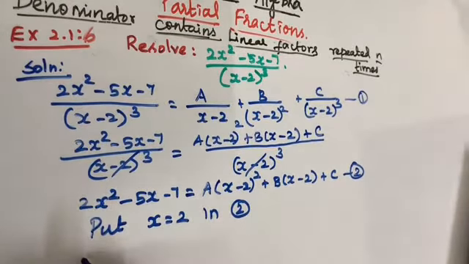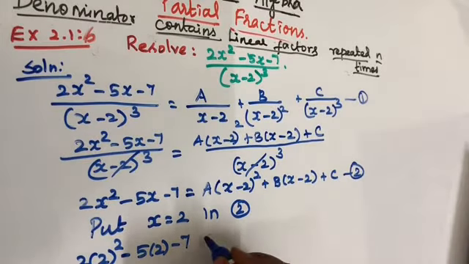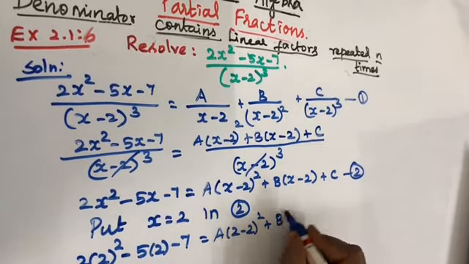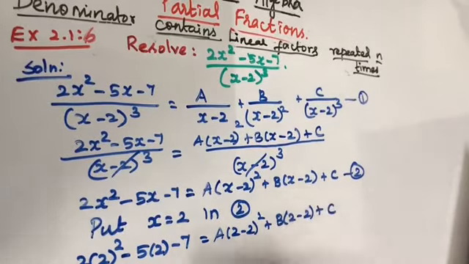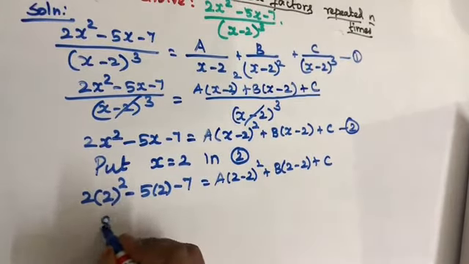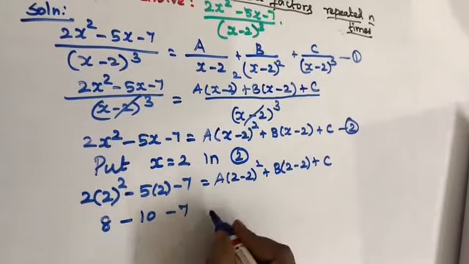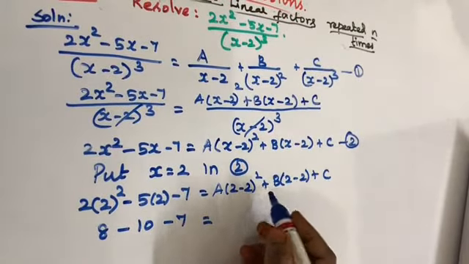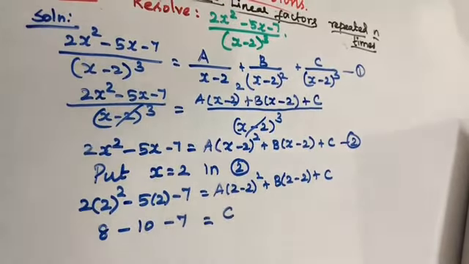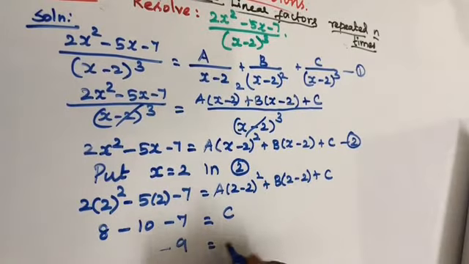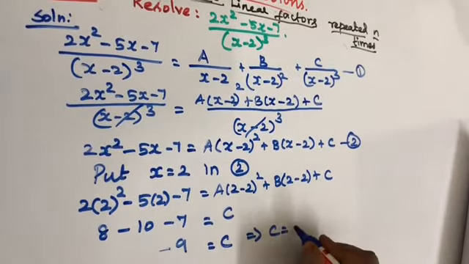So this becomes 2 into 2 square minus 5 into 2 minus 7 is equal to A into (2 minus 2) the whole square plus B into (2 minus 2) plus C. Here 2 square is 4, so it is 4 into 2, 8, minus 10 minus 7 is equal to, here these 2 terms will become 0, 2 minus 2 is 0, so C. Here 8 minus 10 is minus 2, minus 7 is minus 9. So C is equal to minus 9.